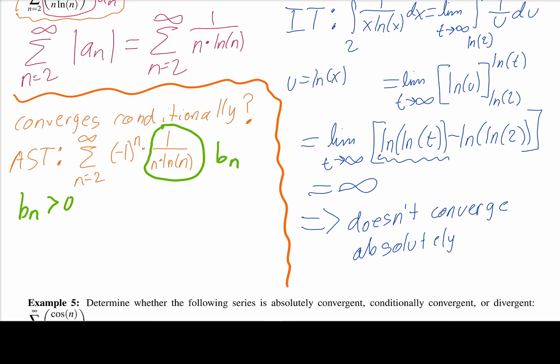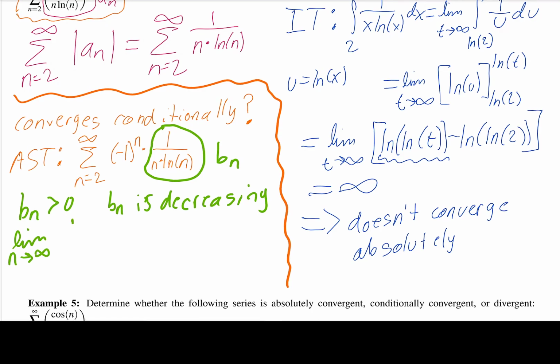The next thing we need to check is that this is decreasing. We've shown before that this is decreasing, so b sub n is decreasing. And then the third thing we need to show is that this limit goes to 0. Well, our denominator here will be going to infinity, so we can say that the limit as n goes to infinity of 1 over n times the natural log of n is equal to 0.